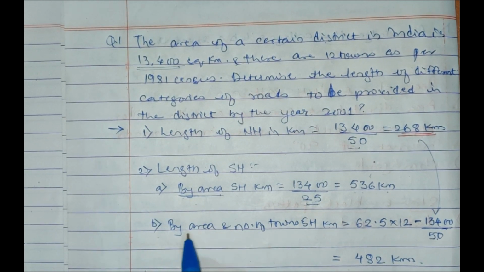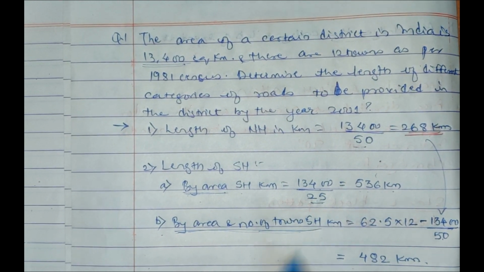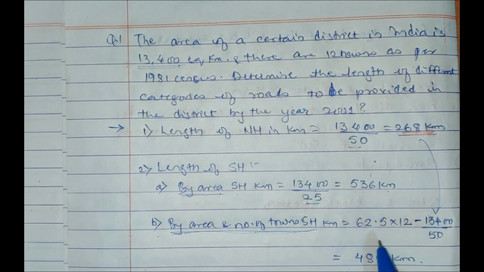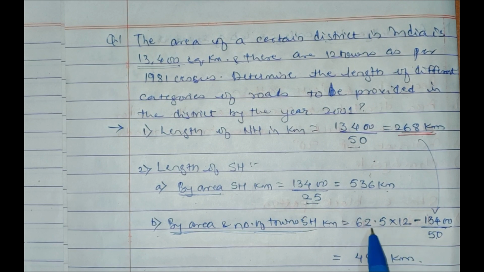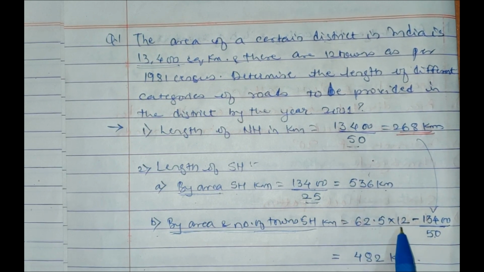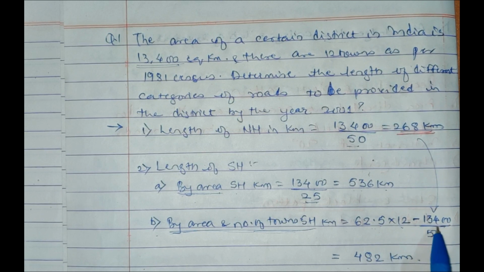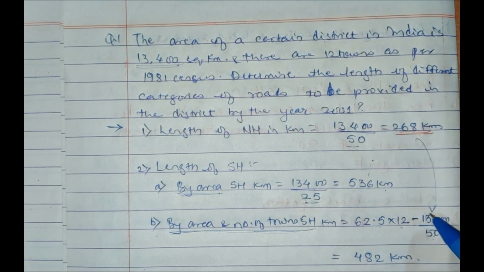Second, by the area and the number of towns method. Here we'll have to multiply 62.5, that is the total length of the national highway and the state highway, by 12, where 12 is the number of towns, minus 13400 divided by 50, that is the length of the national highway.